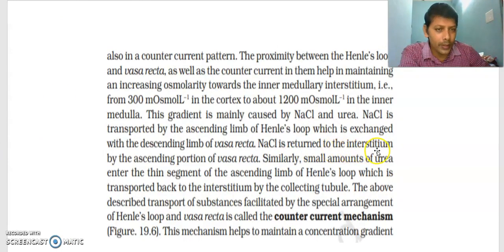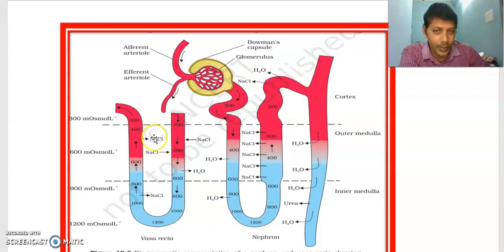The NaCl is returned to the interstitium by the ascending portion of the vasa recta, and comes back here again. Therefore, the osmolarity in the medulla is maintained by this.